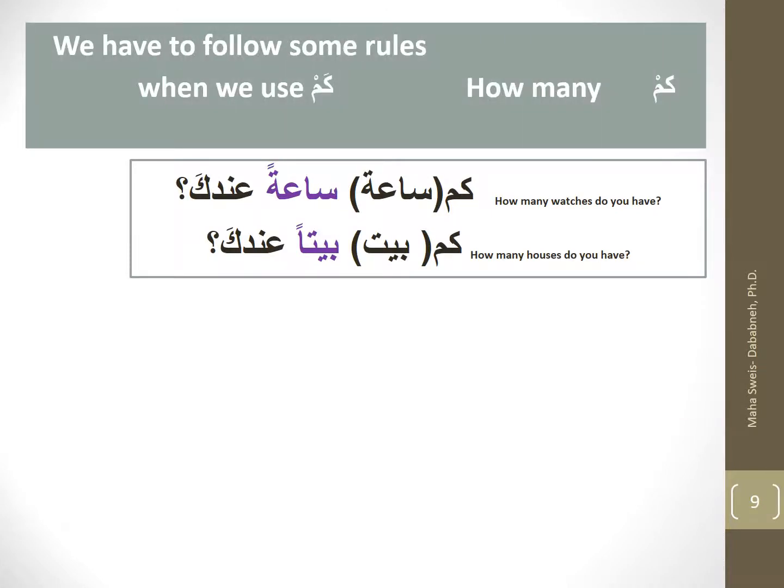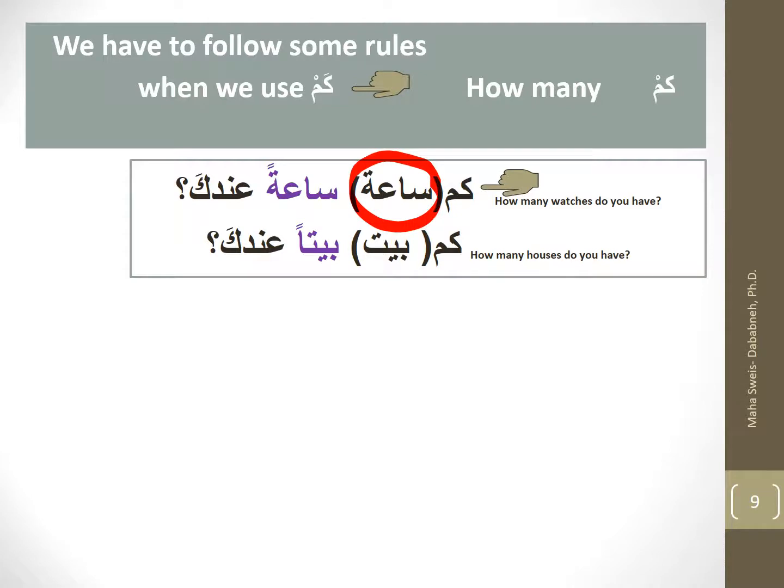Now we have the word كم, how many, and I'm doing this by itself because كم has some rules that we have to follow. You pronounce it كم. كم ساعة عندك؟ So here I have the noun, which is ساعة.